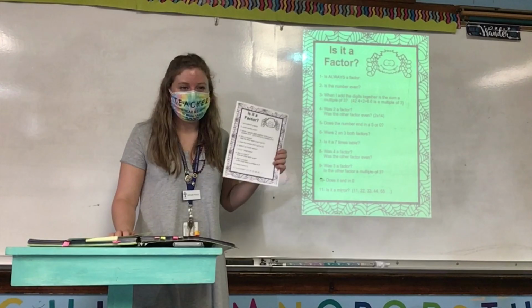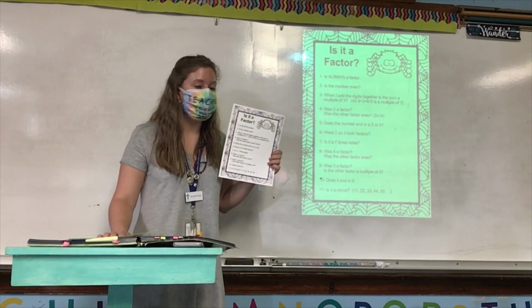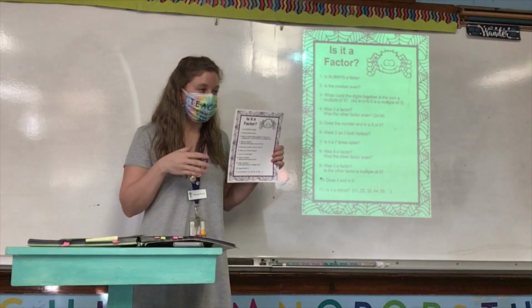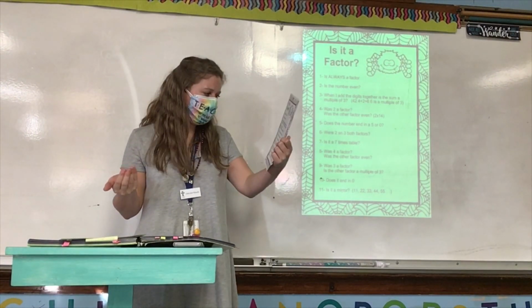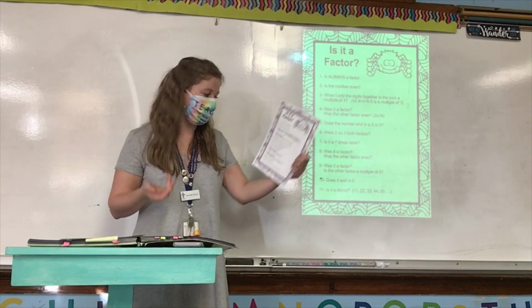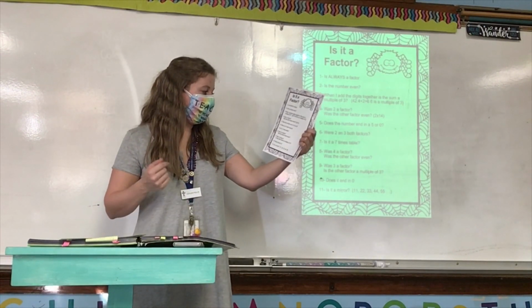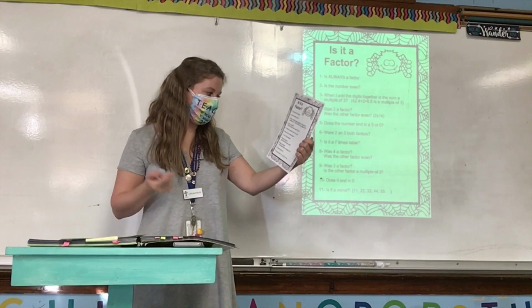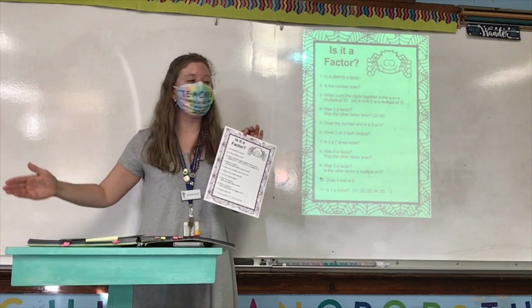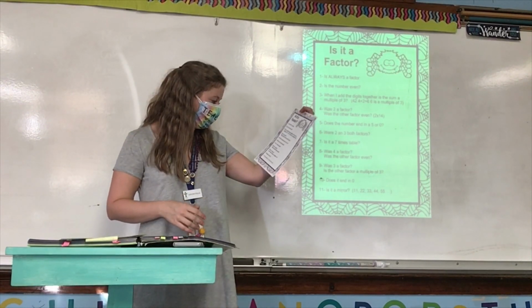Is 7 a factor? Well, you have to think of your 7 times tables, like 0 through 12. If it's a part of the 7 times tables, then it is a factor. Number 8, was 4 a factor, and is the other factor even? If 4 is a factor and you're multiplying it by an even number, then 8 will be a factor.